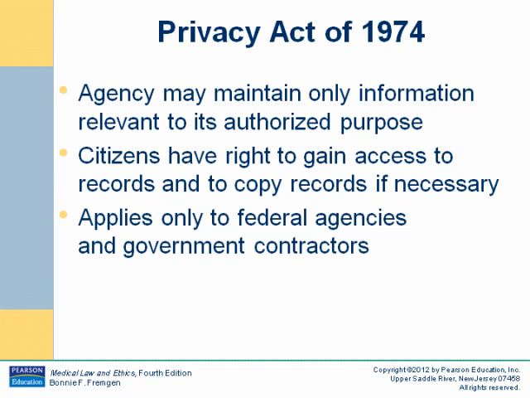Due to the Privacy Act of 1974, an agency can maintain information only if it's relevant to its authorized purpose. Any person, any citizen has the right to gain access to their records if necessary, and it applies to federal agencies and government contractors.